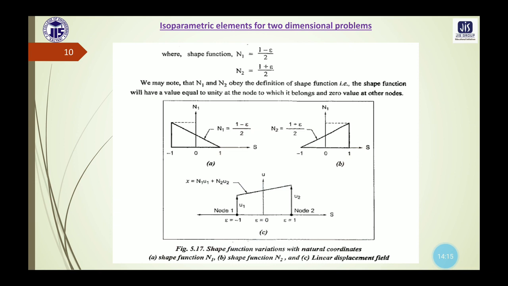Now in figure 5.17 we can see the shape function variation with natural coordinates. In figure 5.17a, in case of the shape function n1, you can see that the value of n1 is unity at its node and 0 at the other nodes.